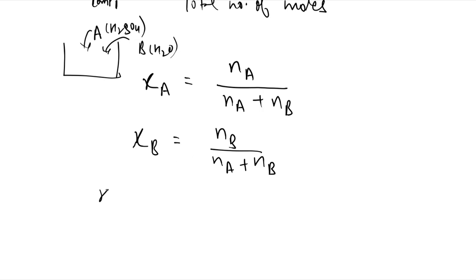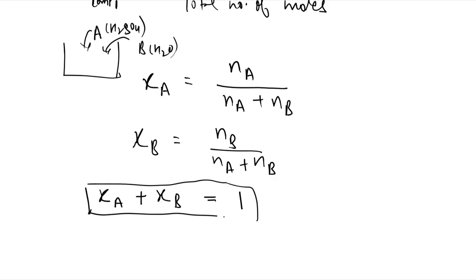That is why, if the system consists of only 2 components, the mole fraction of component 1 plus the mole fraction of component 2 should give the answer 1. This is also a very important equation to calculate the numericals.